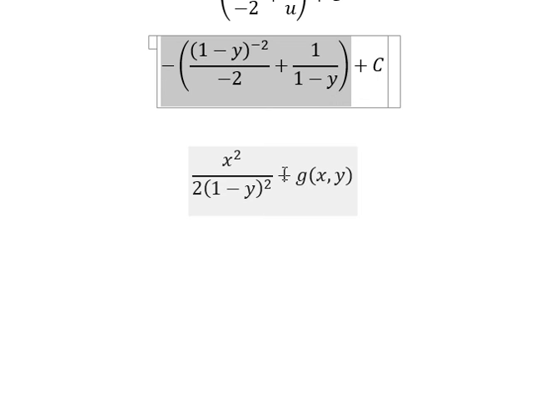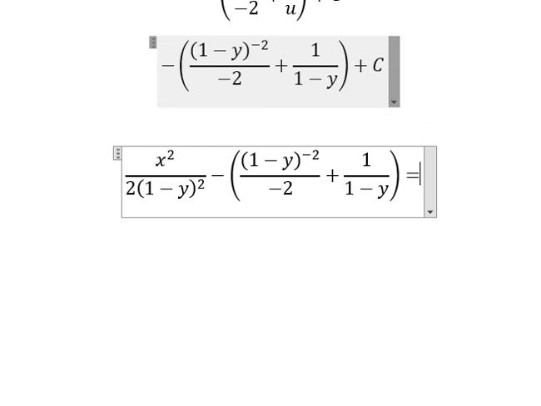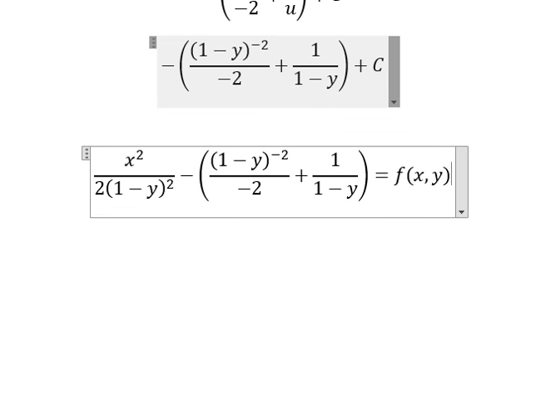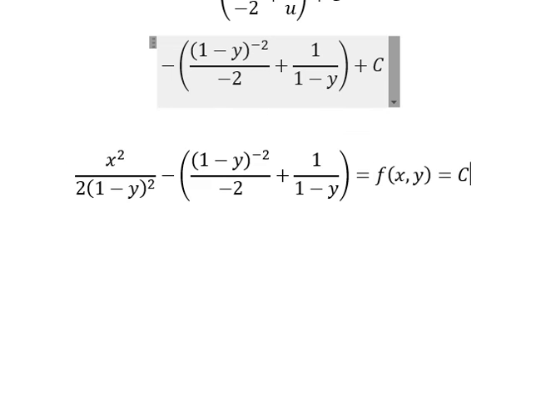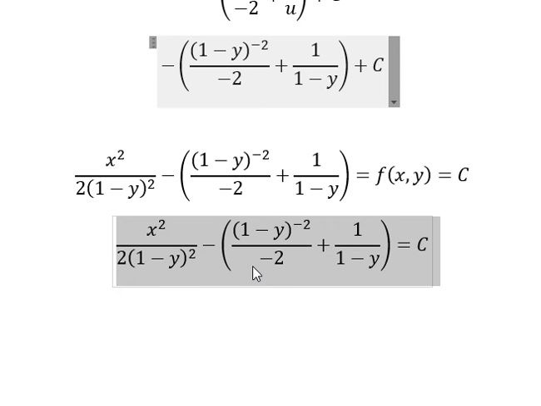So we need to change this one in here. And we know that this one equals to f of s, y. f of s, y equals to c. And now we simplify like this. And this is the final answer.